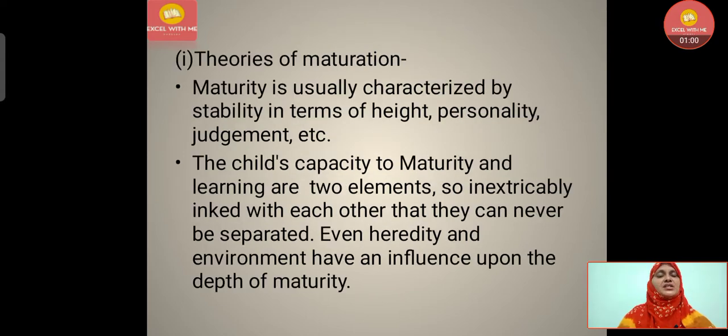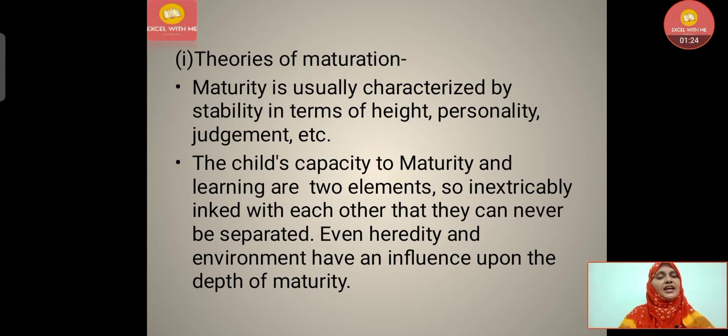Number one, theories of maturation. Maturity is usually characterized by stability in terms of height, personality, judgment, etc. The child's capacity for maturity and learning are two elements so inextricably linked with each other that they can never be separated.